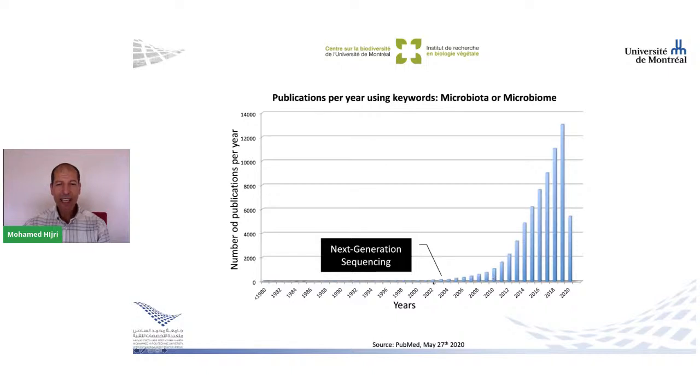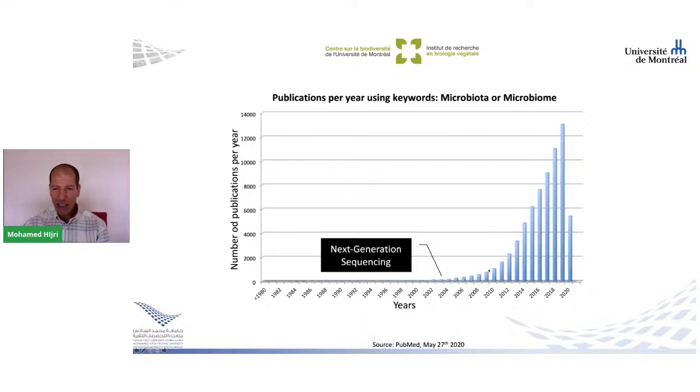Before 2000, we typically had less than 10 publications per year, and starting from 2000 we have an exponential growth, and now we are reaching almost over 12,000 publications a year in which they used microbiota or microbiome as a keyword. But of course, 2020 has not yet reached the full citation number.